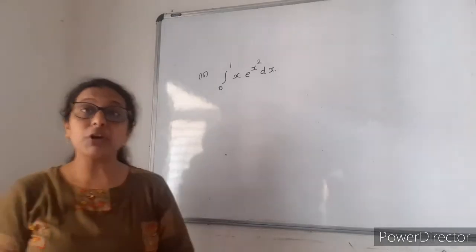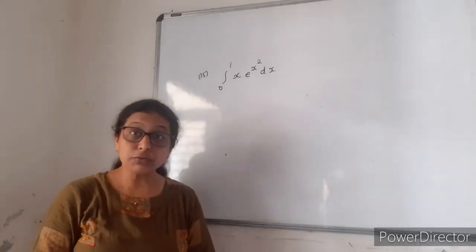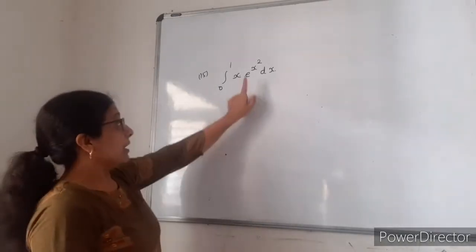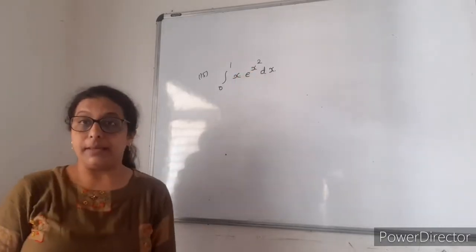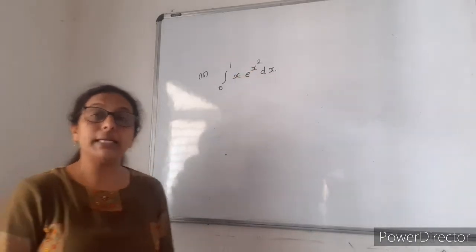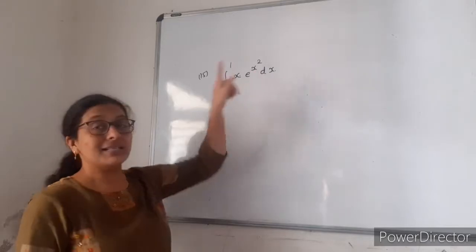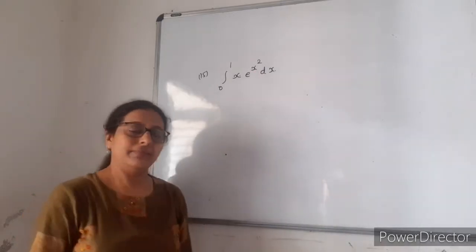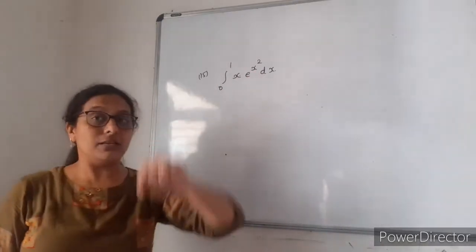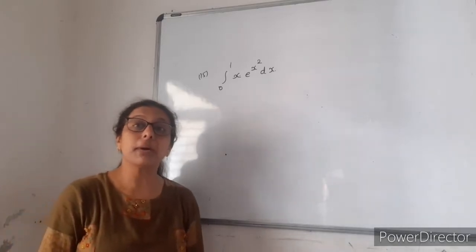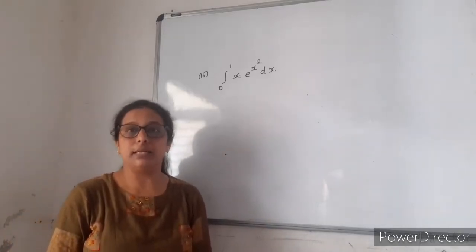Now can you imagine what to do? Here there are two functions, but e raised to x square is there. So whenever you take x square equal to t, then 2x dx becomes dt. So integration by parts will not be needed.